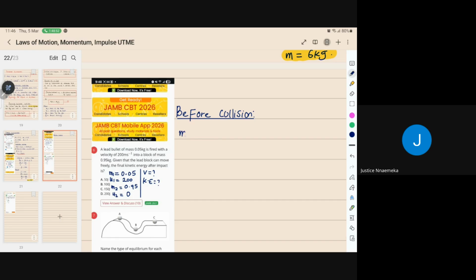So we have M1 before collision is 0.05. I've written them down. U1 is 200. Then M2 is equal to 0.95, that's for the block. U2 is equal to 0.